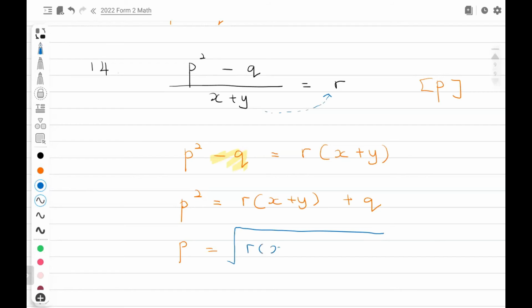R bracket X plus Y plus Q. So X plus Y must move to the back first. You just imagine this one is under a roof. This one is staying on the second floor, this one is the first floor. So this one is the furthest one.